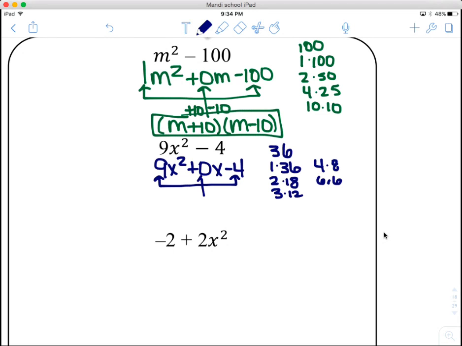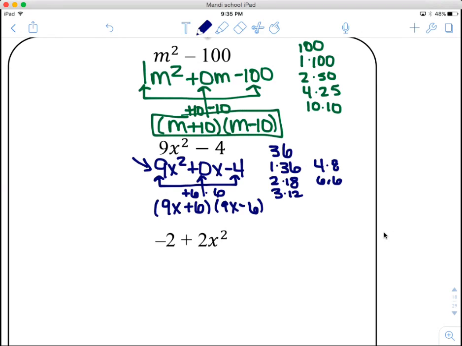So it looks like if we had plus 6 minus 6, we would have 9x plus 6 and 9x minus 6. Now remember, we have an extra 9. We have to get rid of an extra 9.